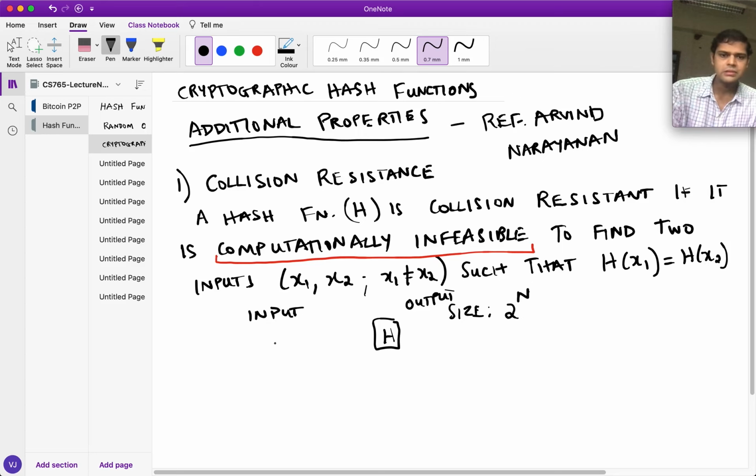The input space is essentially infinite in size, because I can have any bit string of any length. So there are an infinite number of inputs and a finite number of outputs of size 2 to the power of n. So obviously there have to be collisions in theory. You can't have a unique ID for every different input.